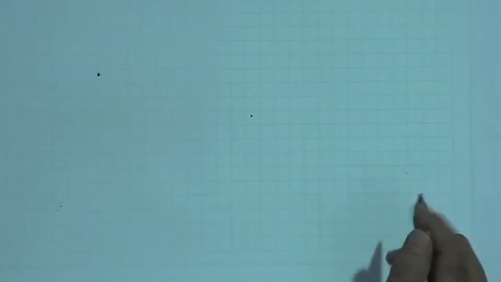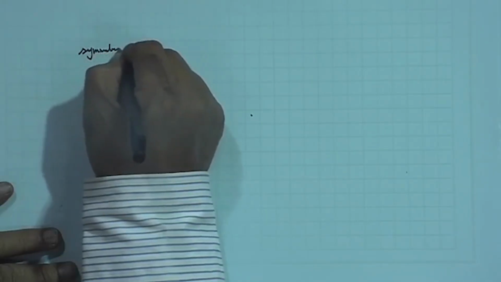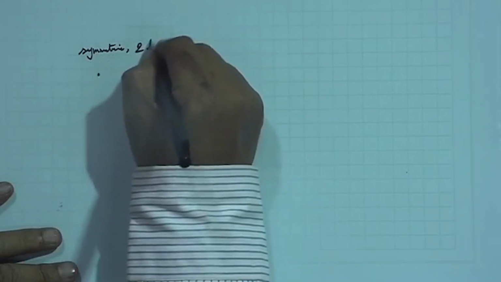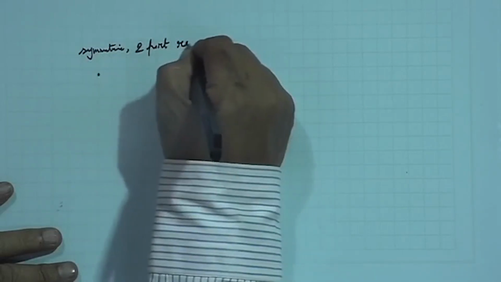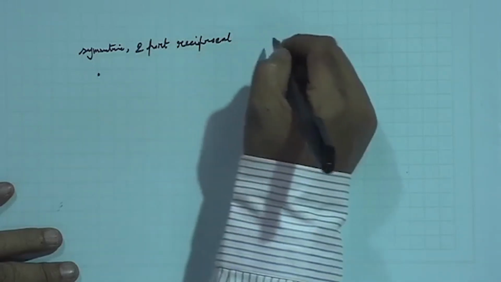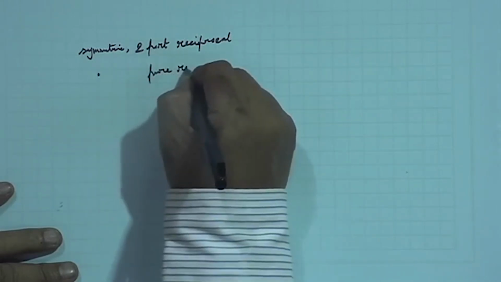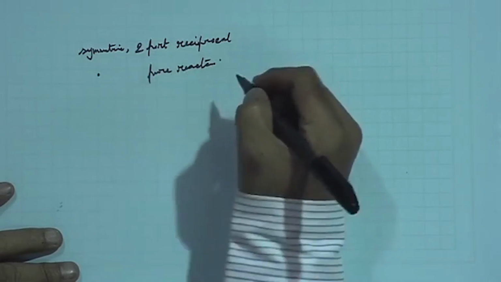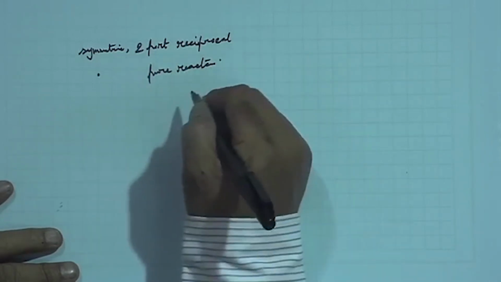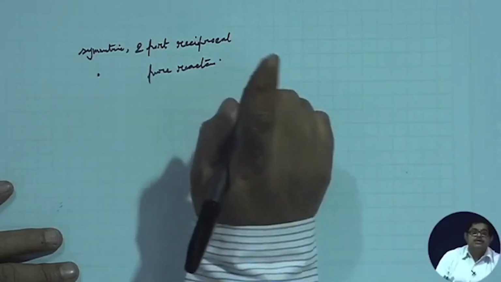Now, there is a theorem which we will now see. The theorem says that for a symmetric two-port reciprocal network of pure reactances, if the characteristic impedance is a pure resistance, the attenuation constant is 0.